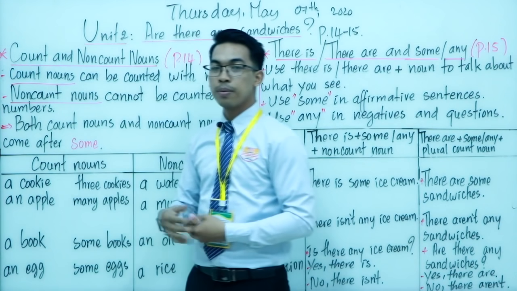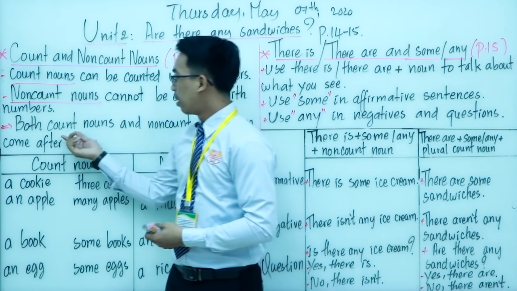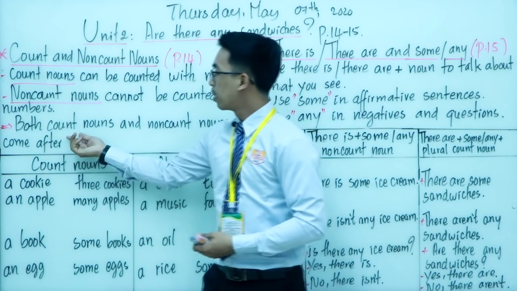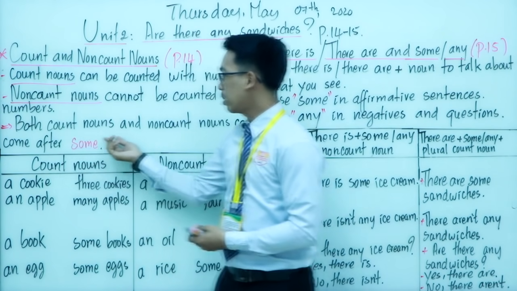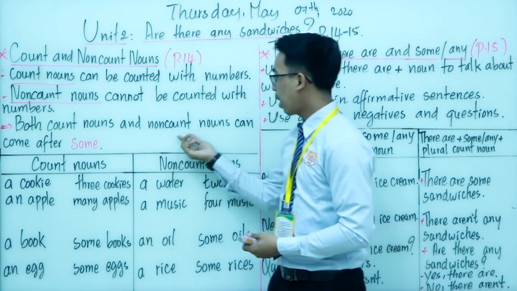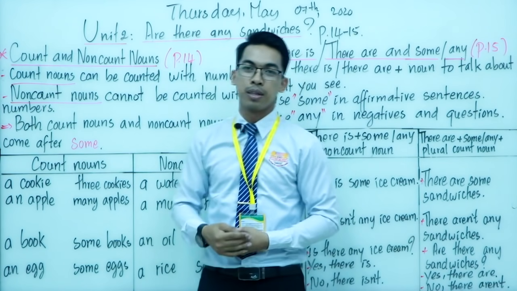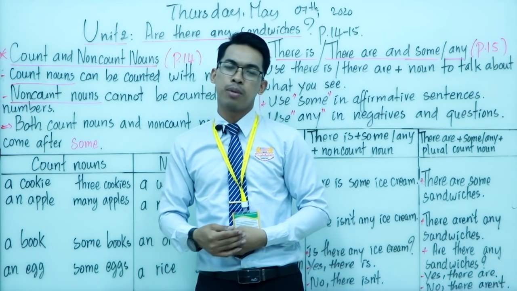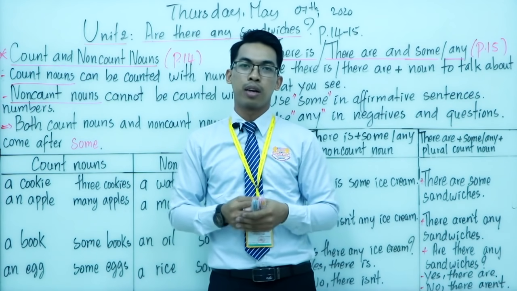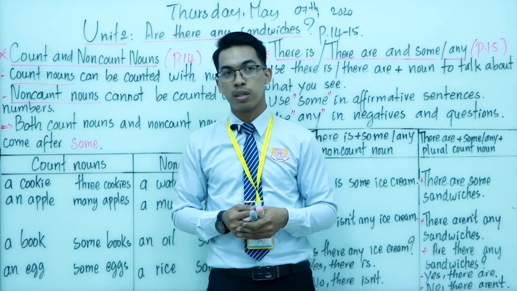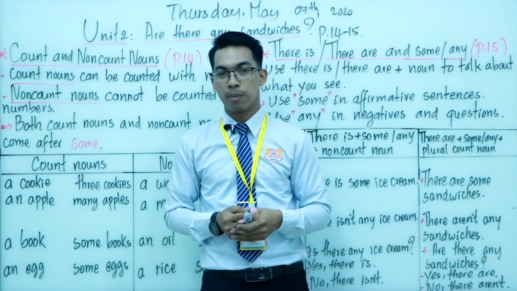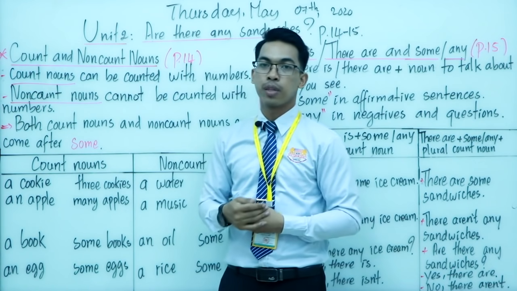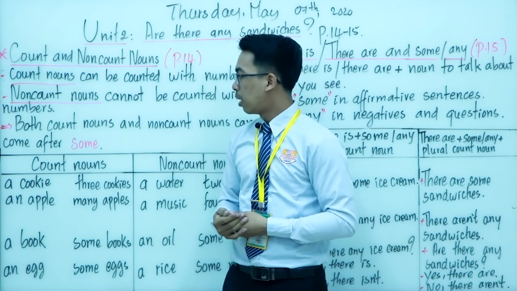So next. Both count nouns and non-count nouns can come after some. Some means more than 1, so we can use some with both count nouns and non-count nouns.